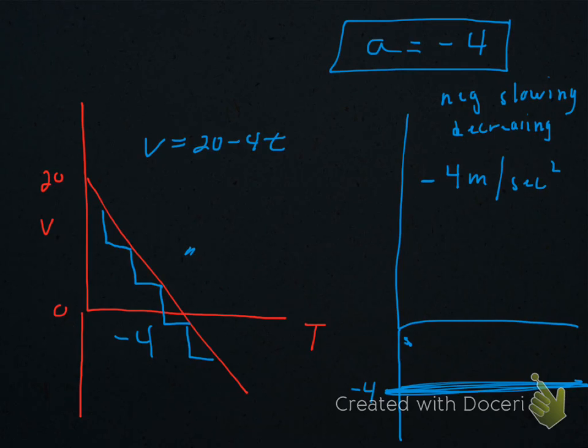This is how the bird is traveling over time. Speed is actually decreasing by 4 meters per second squared, and that's represented in this graph here. When we differentiate again, we know that we're going to get negative 4, and that tells us, in the context of the question, how the speed is changing.